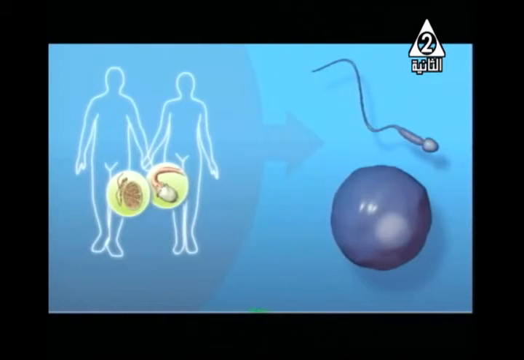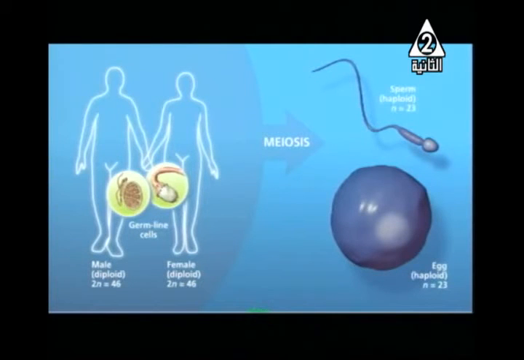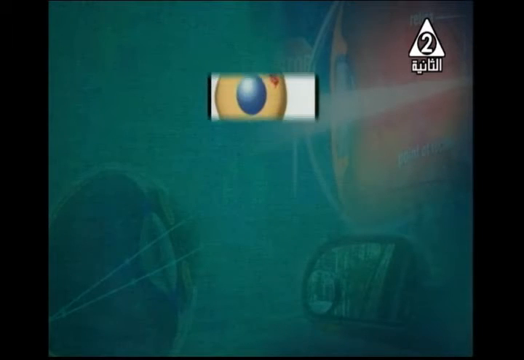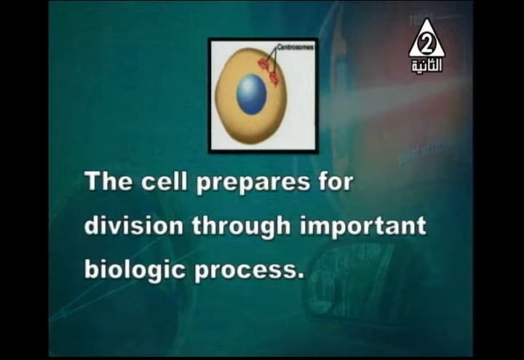called the ovum. Each cell division begins with interphase. The interphase is the stage of cell division in which the cell prepares itself for the division through important biological processes.